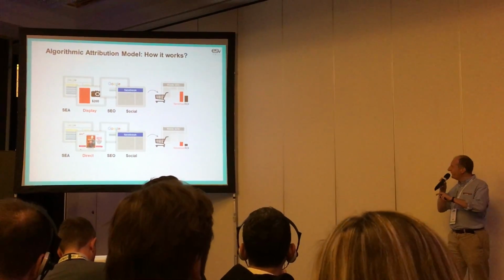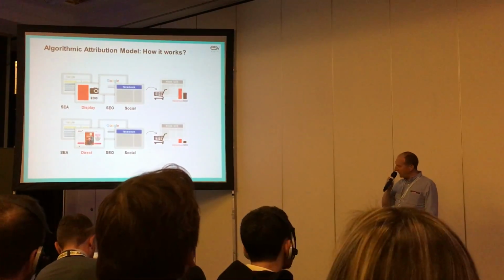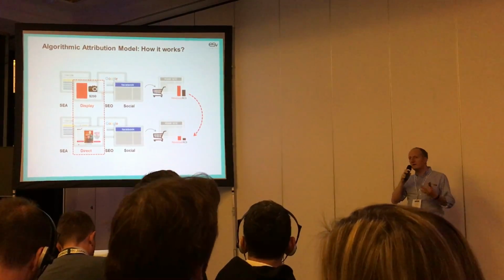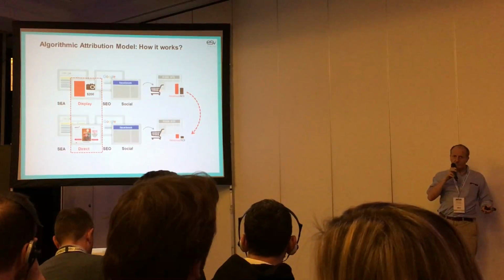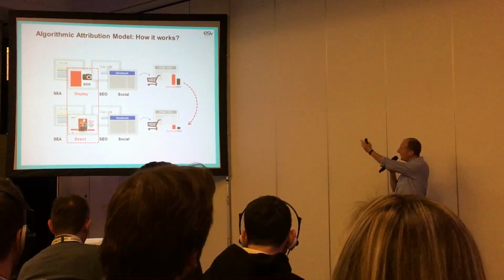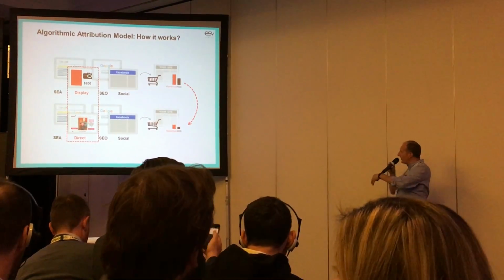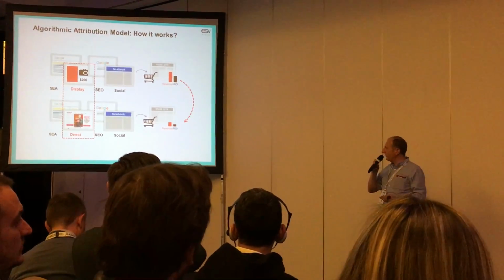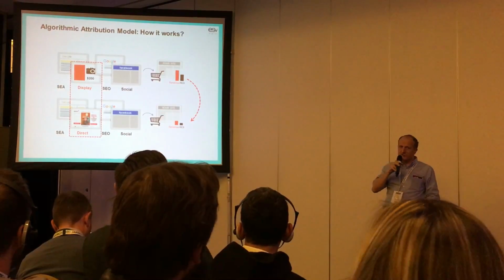Now, a very, very simplistic version is this. You're basically going to compare paths, and you say, if the one on top converts better than the one at the bottom, you say it's because display converts better than direct.